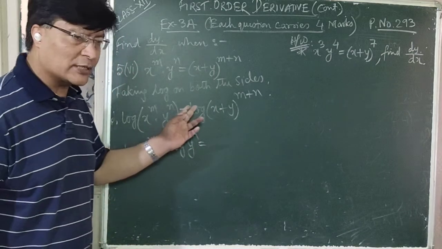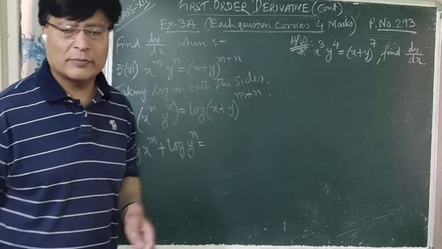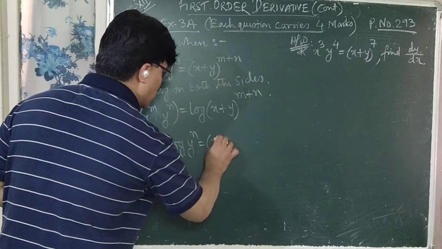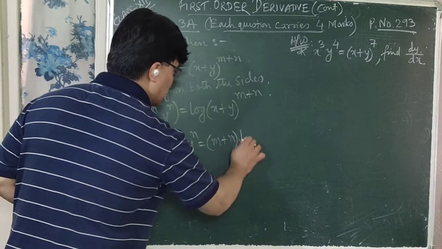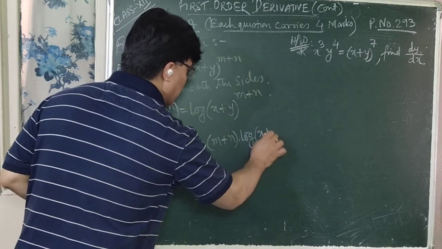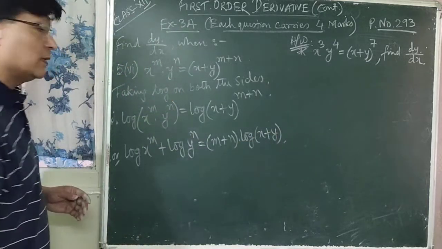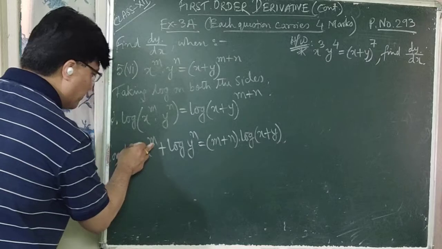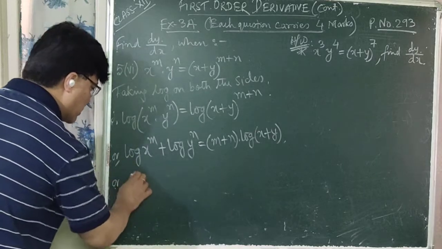Now in this case, this is just like your log x to the power m. Now the power m becomes a coefficient. Here the power m plus n becomes a coefficient, that is m plus n into log of x plus y. Here also this power n becomes a coefficient because of this log.